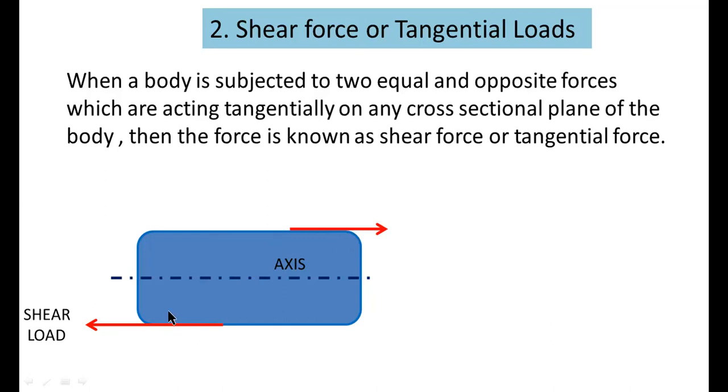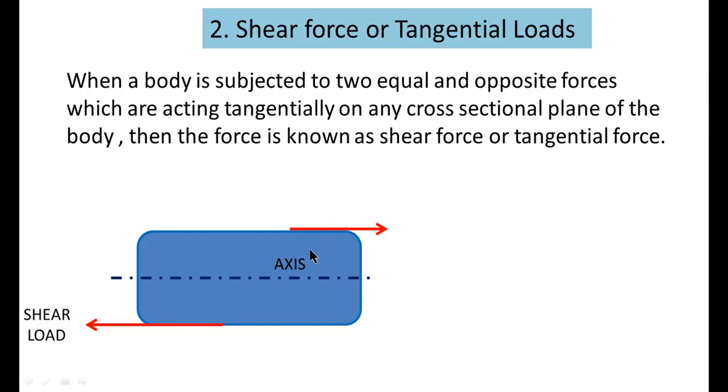These types of loads are called shear loads. When a body is subjected to equal and opposite forces which are acting tangentially on any cross-sectional plane of the body, the force is known as shear force. These two forces are tangential forces or shear forces. They just touch the outside surface of the body.